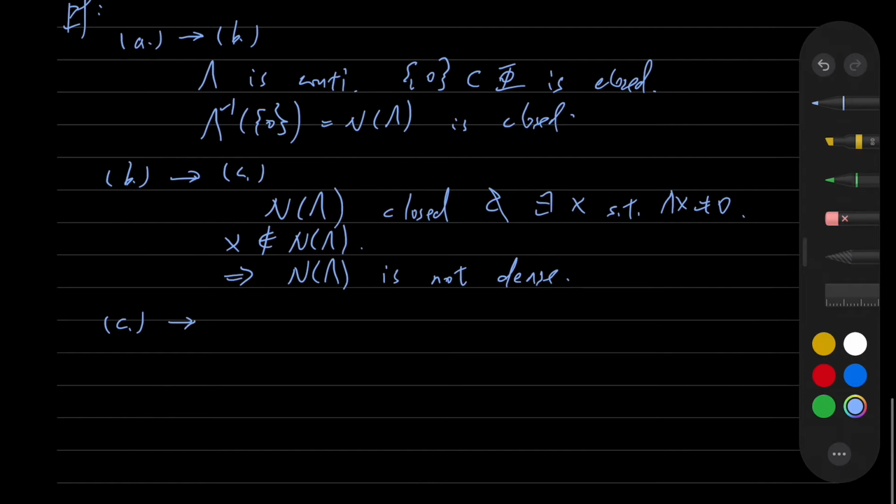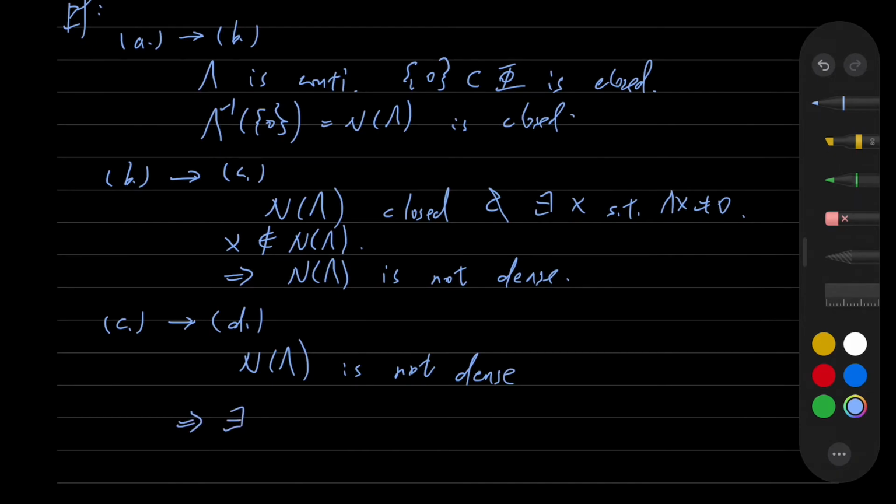Next, we have, if it is not dense, then there's some neighborhood such that it is bounded. So the null space is not dense.